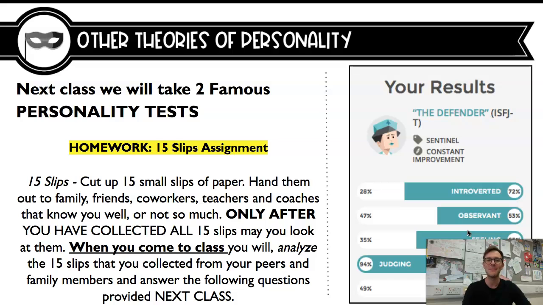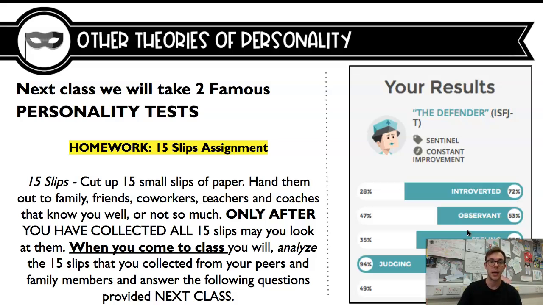your relationship with them. But when you come to class, you're going to analyze these 15 different slips that you've collected. I actually recommend you look at them before you come to class. That way, you have an idea of what the slips already said, and you get into the analysis questions more quickly. You'll have time to do that in class, and you won't have additional homework.